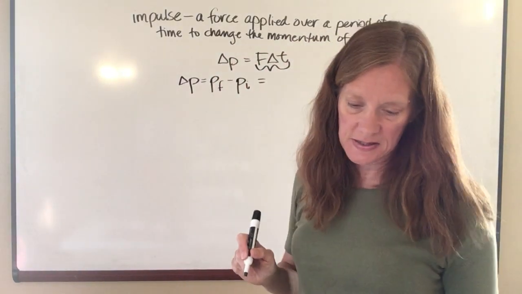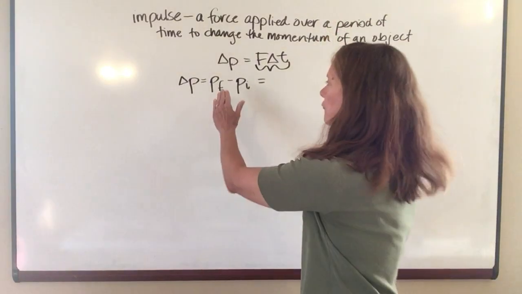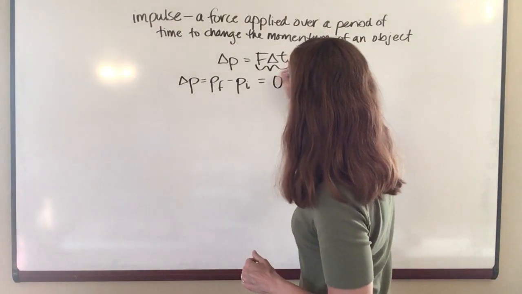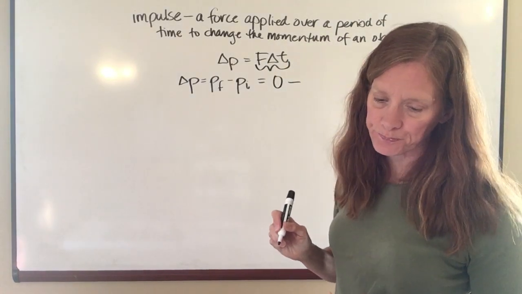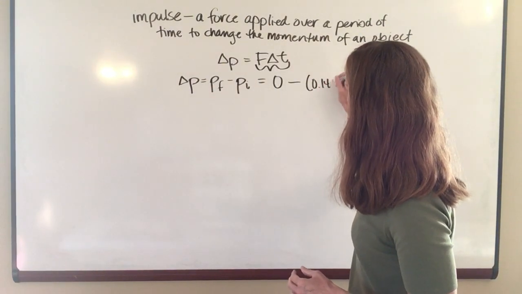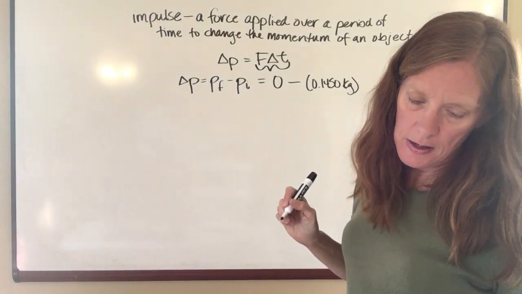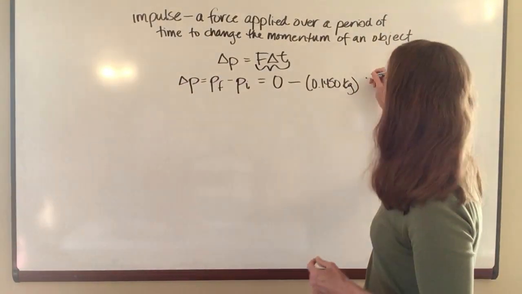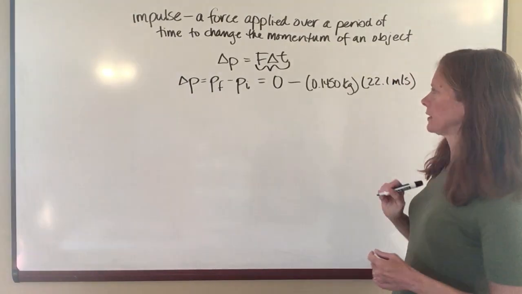In this case, he's trying to stop the ball, so the final momentum of the ball is 0. The initial momentum is going to be the mass of the ball, which is 0.1450 kilograms, times the velocity of the ball, 22.1 meters per second.